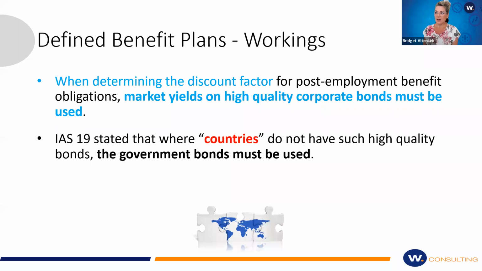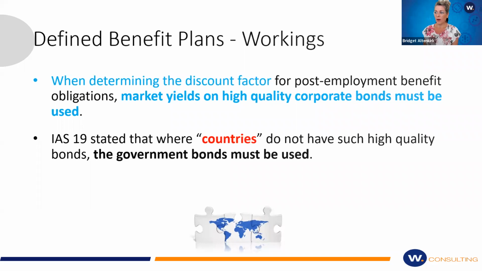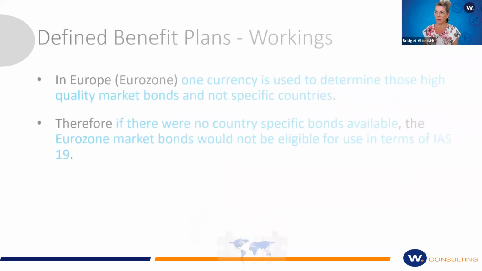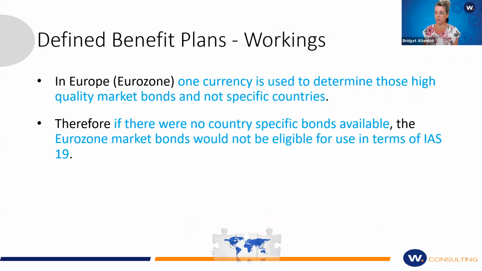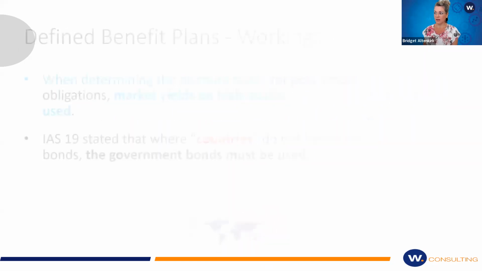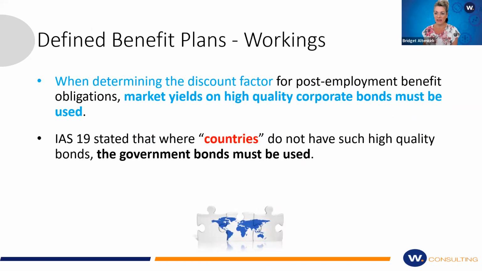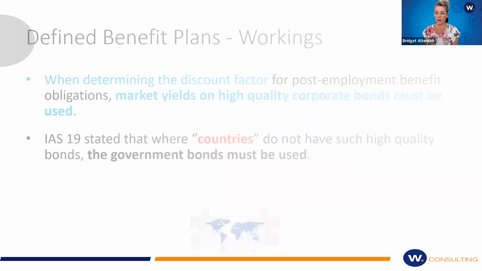And IAS 19 said that where a country does not have high quality bonds, then government bonds must be used. This created a problem in the Eurozone, because, let me go back to the previous slide, it was referring to specific countries. But in the Eurozone, they all have the euro currency. So if you're in Greece or Germany or Portugal, there is no country-specific high-quality corporate bond that could be used.